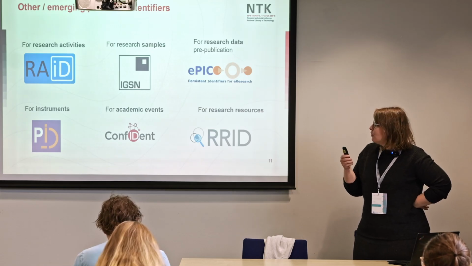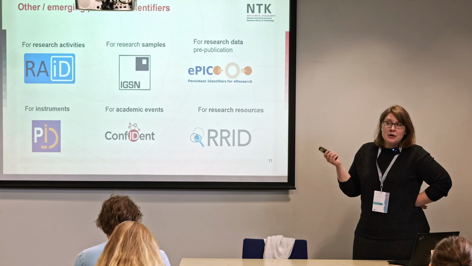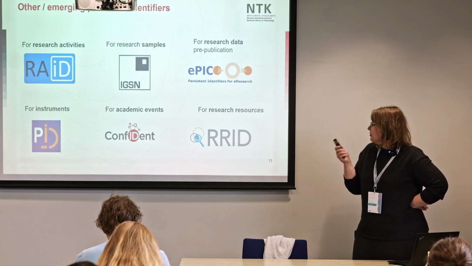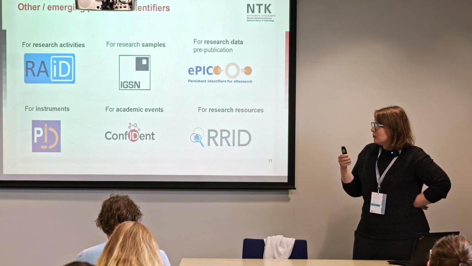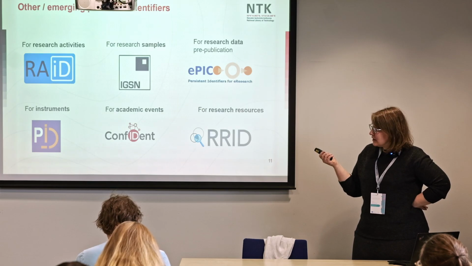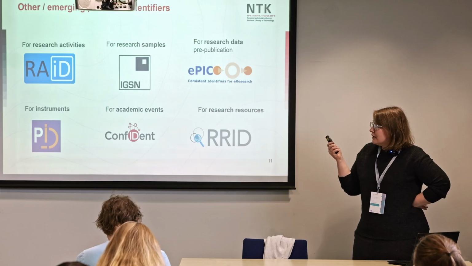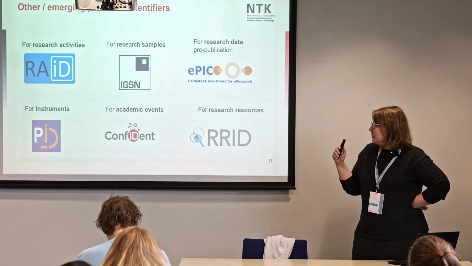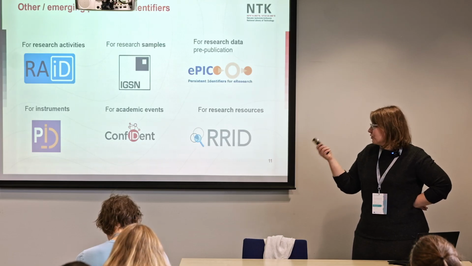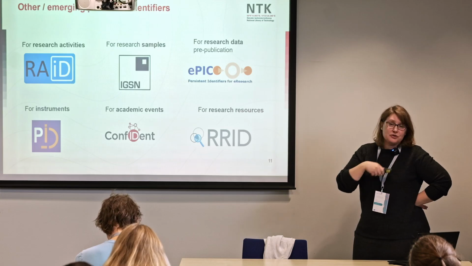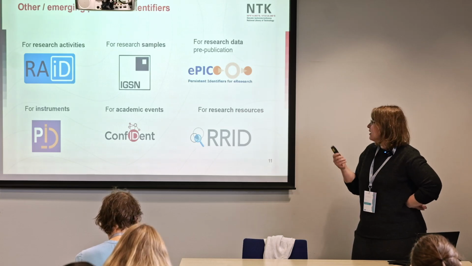There's EPIC for research data pre-publication, let's say, in a nutshell. There is a lot of discussion about identification for instruments. There is a schema called PIDINST for that. There are identifiers for academic events, for research resources, etc.